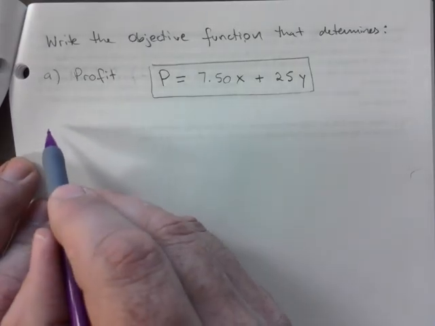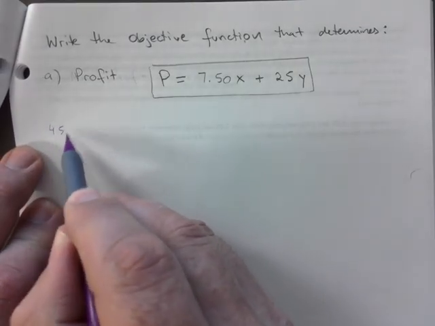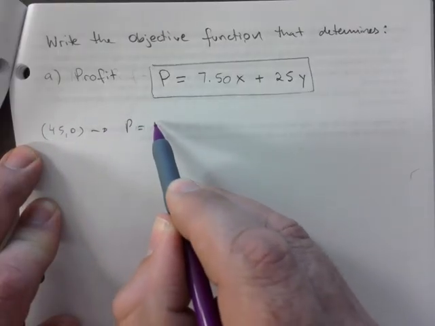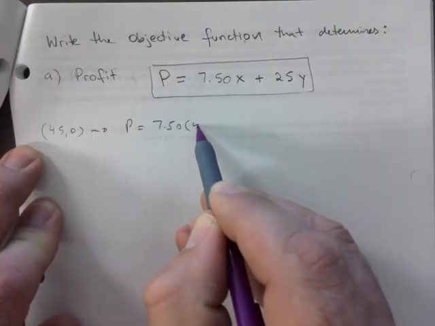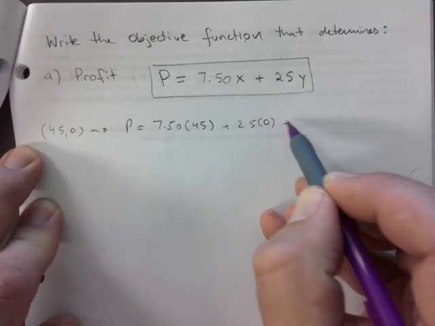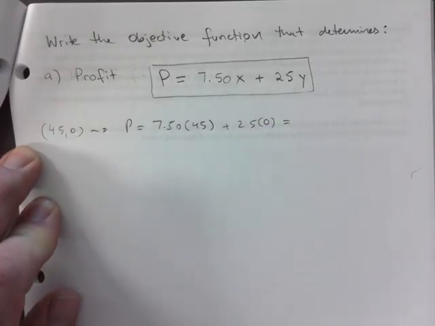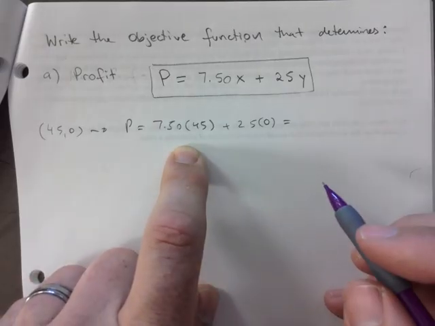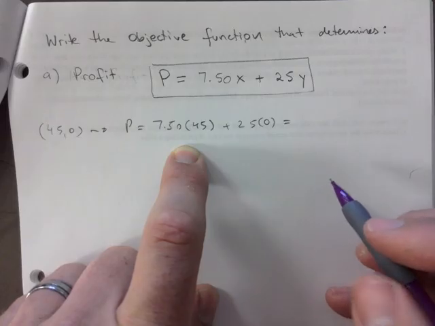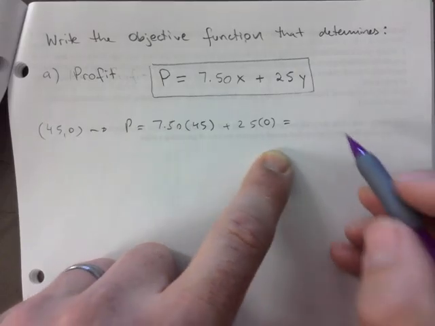So let's plug them in. 45, 0. Let's plug that one in. So it's 7.50 times 45 plus 25 times 0, right? That's almost irrelevant. And that gives you, 1 second, 337.50.